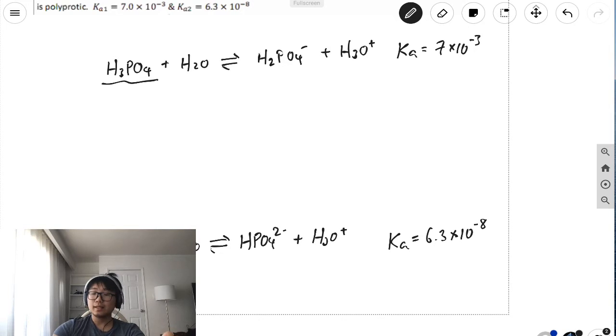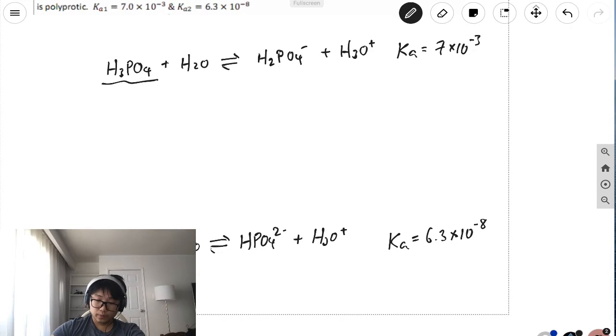But some of that H2PO4 minus breaks up even further into HPO4 2 minus and H plus. Sometimes it's easier to think about it as dissociating than donating to water, and there's unlimited water compared to the acid and base.